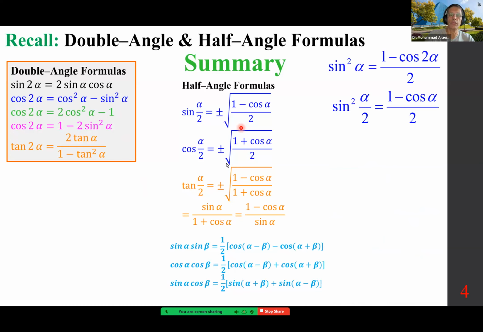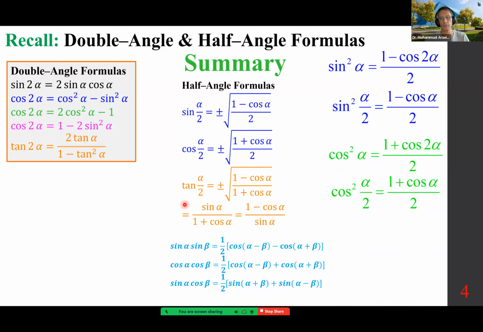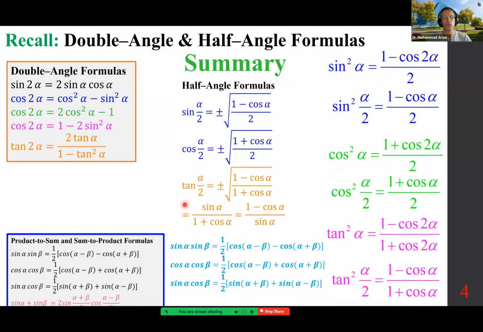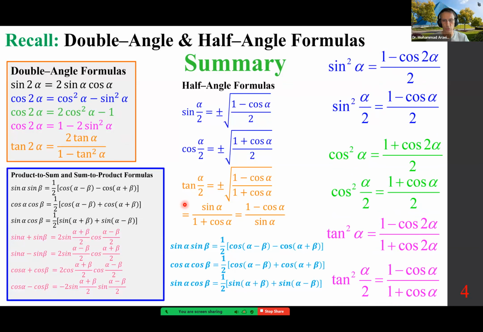From here you take a root. So again, more and more formulas that you've been exposed to are given here.